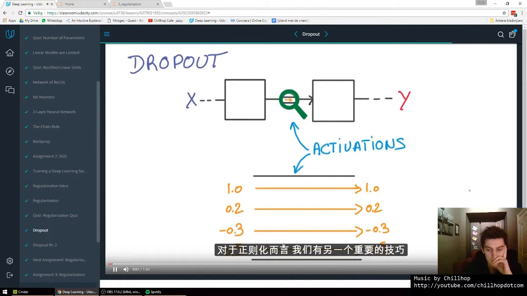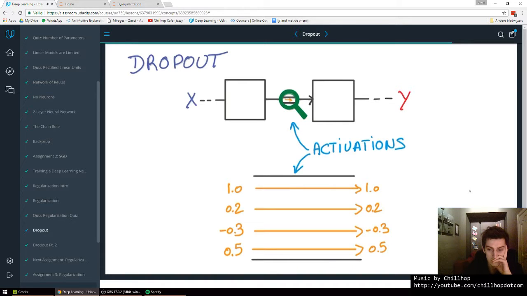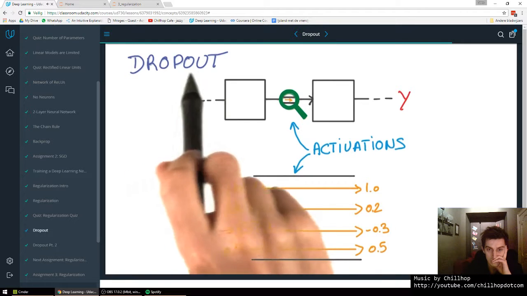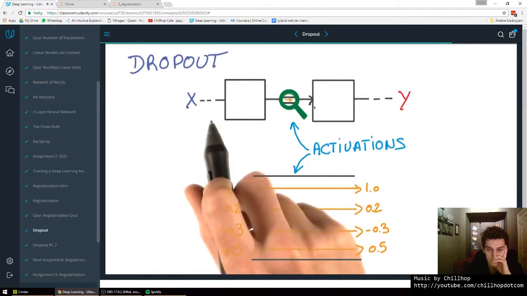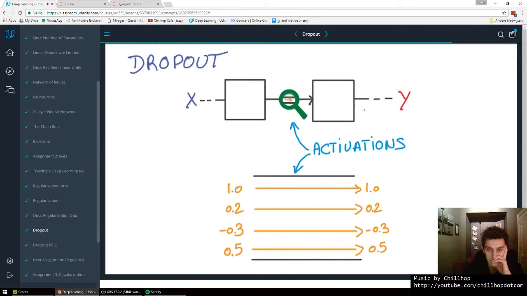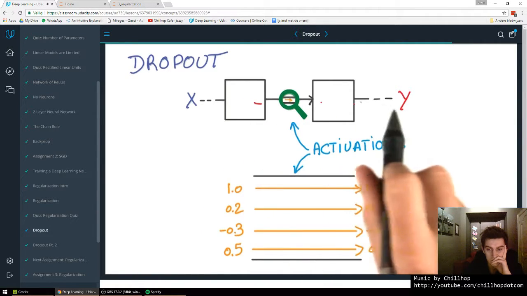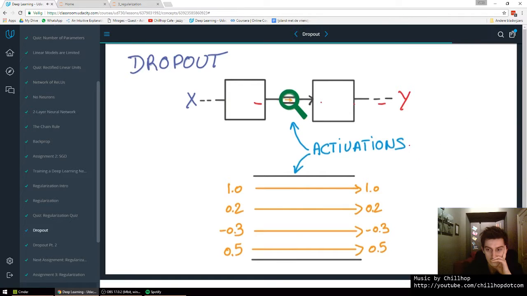There is another important technique for regularization that only emerged relatively recently and works amazingly well. It also looks insane the first time you see it, so bear with me. It's called Dropout. Dropout works like this. Imagine that you have one layer that connects to another layer. The values that go from one layer to the next are often called activations.